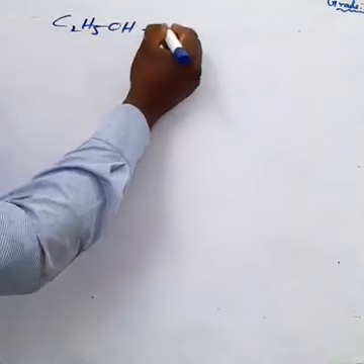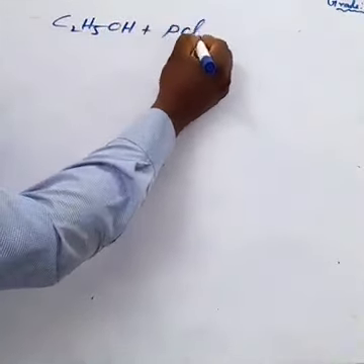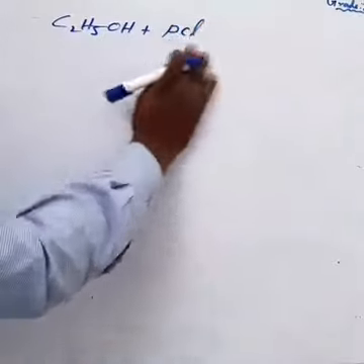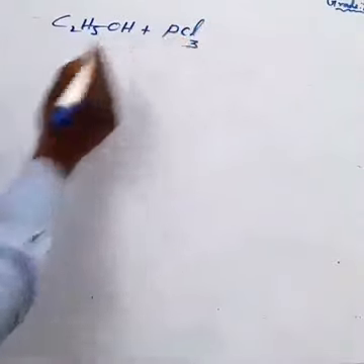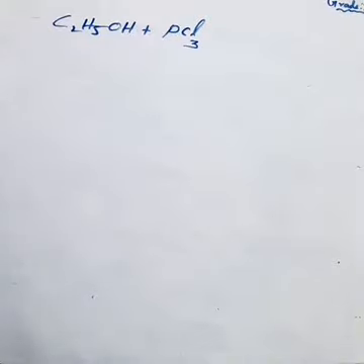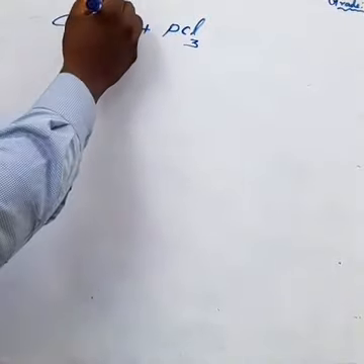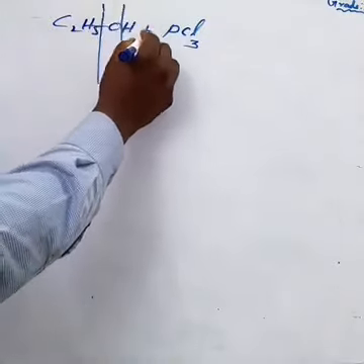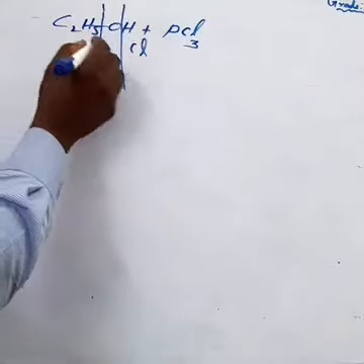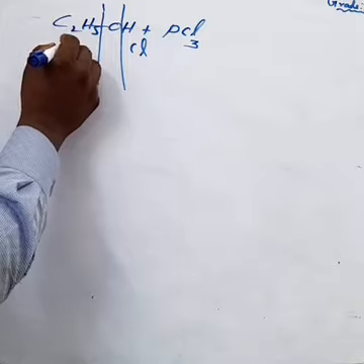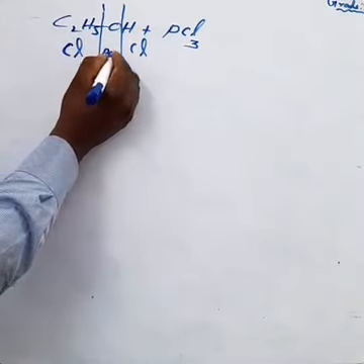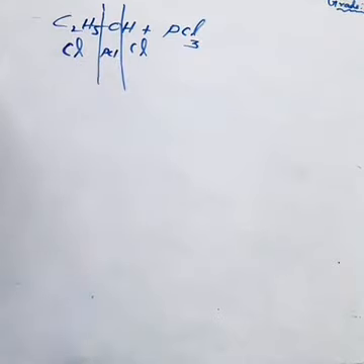Ethanol, C2H5OH, reacts with PCl5. Sorry, we are not taking PCl5; we are taking PCl3. Ethyl alcohol reacts with the PCl3. Here, the hydrogen of the OH of ethyl alcohol combines with the Cl to form hydrochloric acid.